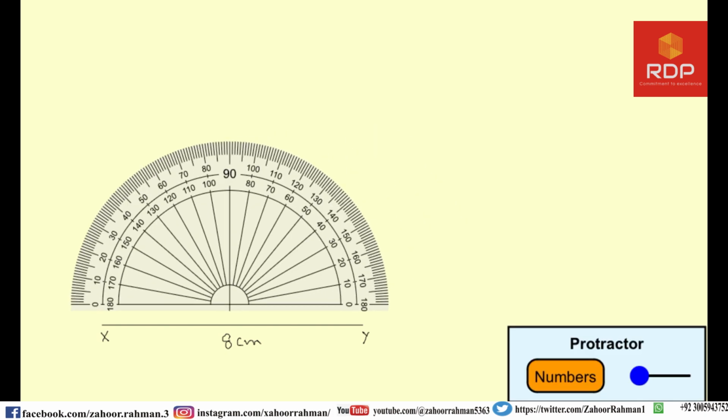Let us label it, and because they are telling us to draw W, X, Y, Z, and XY with us is how much? 8 centimeter. So we drew a line of 8 centimeter. Next job is to draw an angle which is WXY, and that is 60 degree given in the book.